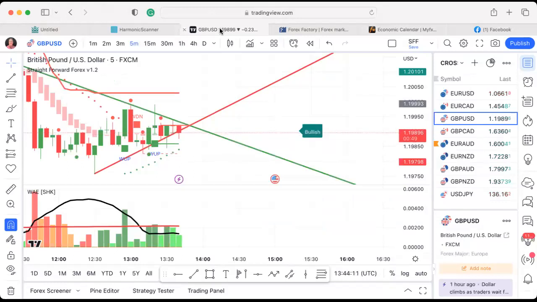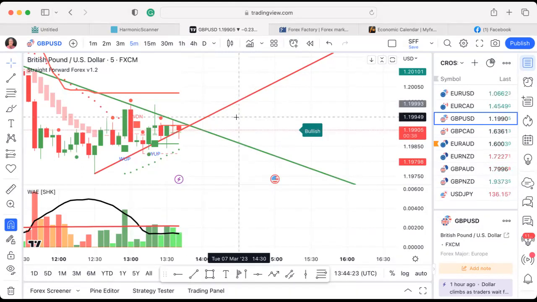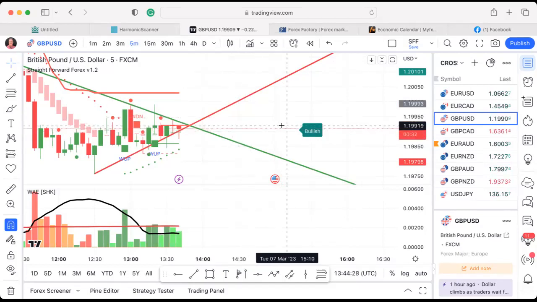So we could be in for a slow session between now and 2 o'clock. I would take another look at the charts closer to 3 o'clock. I think that's where you might get the movement. But we'll stick with this for now, because sometimes we get a surprise.